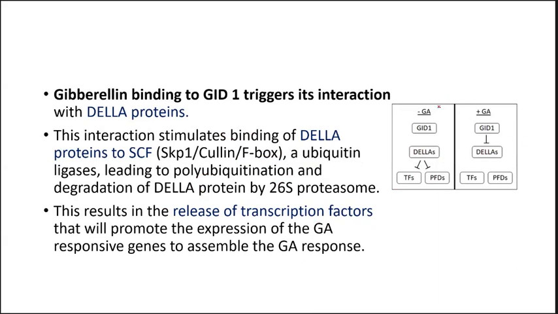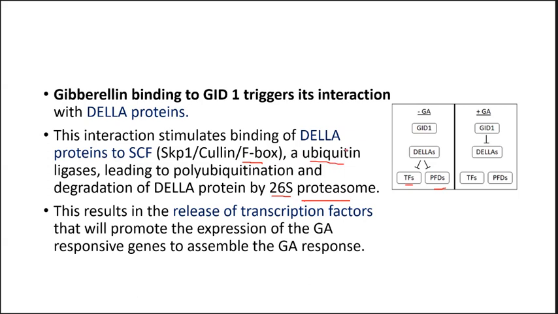Now look at this picture. When GA is absent, the receptor is inactive and DELLA is active. When DELLA is active, it will inhibit the transcription factor and it will inhibit prefoldin. But when GA is present, the receptor is active and the receptor will tag DELLA with ubiquitin. GID1 is also an F-box protein. F-box proteins can tag any protein with ubiquitin so that it will be degraded by the 26S proteasome pathway.